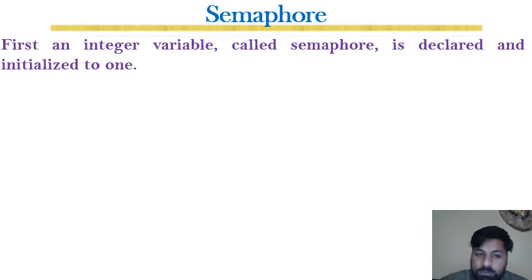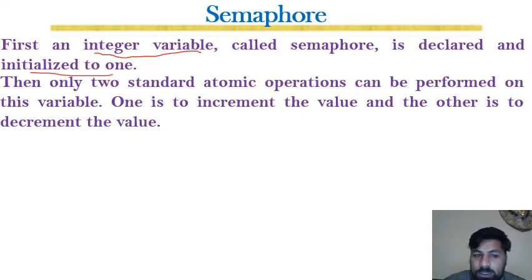First, an integer variable called semaphore is declared and initialized to 1. So we will simply declare an integer variable and initialize it to 1, right? Then only two standard atomic operations can be performed on this variable.